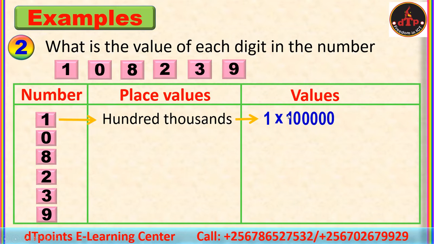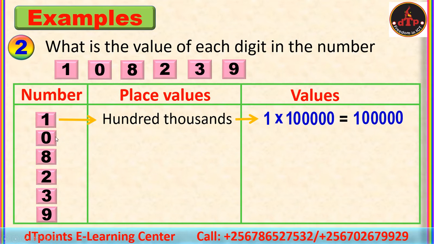So those are 5 zeros. Of course, we shall count 1 to 3, and then a comma comes here. So these 3 are also there, which is equal to 100,000. So therefore, the value of 1 is 100,000.